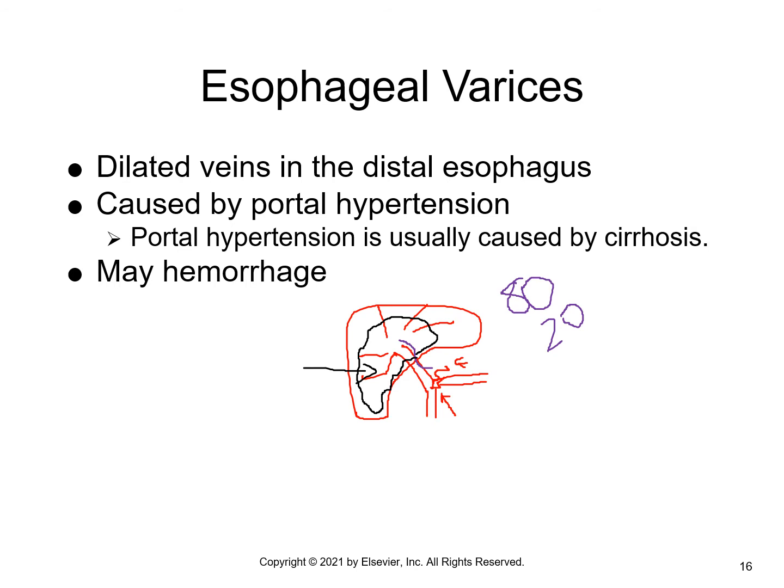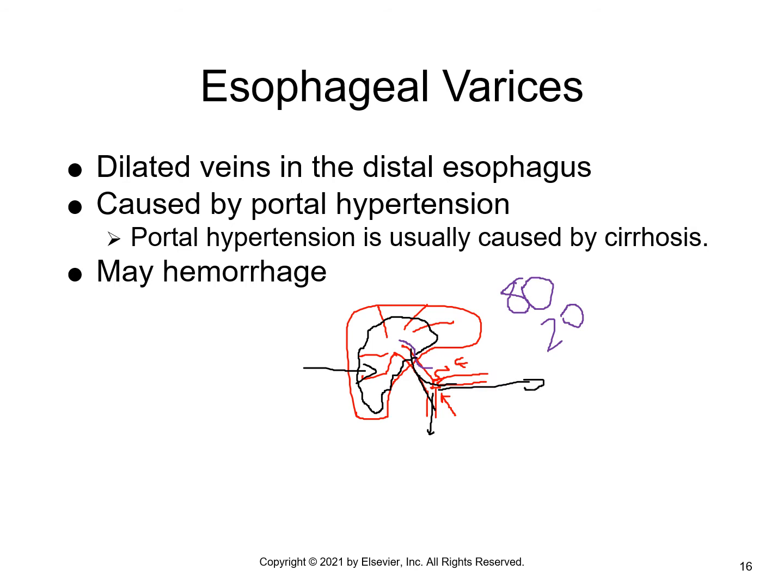Now, when the cirrhosis occurs, it makes it very hard for that portal system to introduce blood into the liver. And because it's so difficult, that blood can't be emptied into there, it's going to back up into this portal system. And when it backs up into the portal system, it's going to back up into the superior mesenteric vein. It's going to back up into the splenic vein.